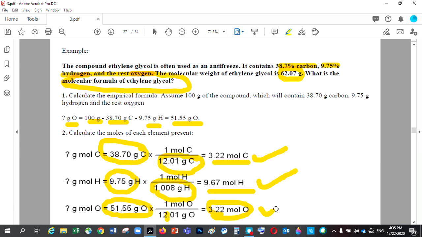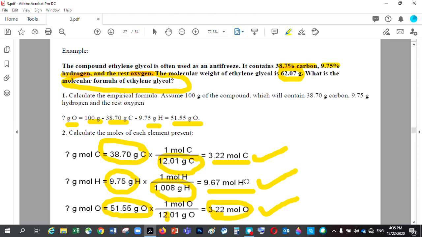Correct? Which one is the least? It turns out to be carbon, correct? The number of moles of carbon and oxygen are equal, but hydrogen is more. So it looks like carbon is 1, oxygen is 1, and hydrogen will be around maybe 3.